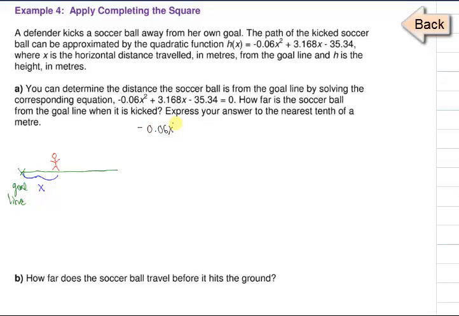and we're going to solve for our x-intercepts by completing the square. I'm first going to start by isolating my constant. Bring that over and I get 35.34. And I want to be sure that my x squared term has a 1 in front of it, so I'm going to divide everything through by negative 0.06.